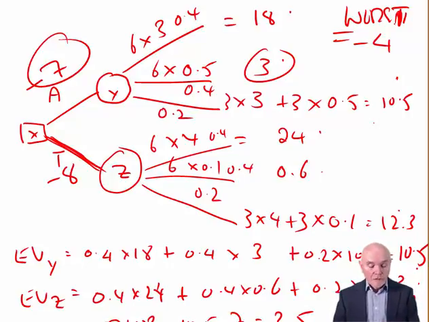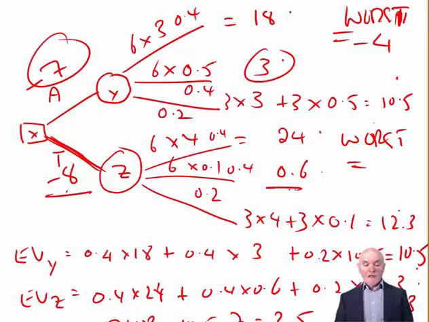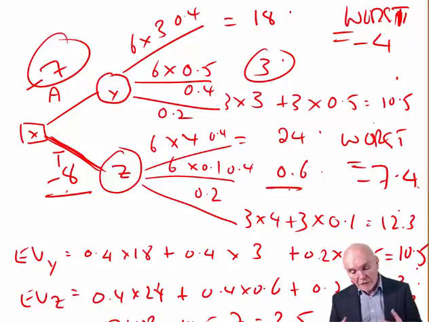If we go for topaz, then of course the worst that could potentially happen is -8 in cost, which actually only gives us 0.6 at 0.1 in there. It's going to be -7.4. And you have to think, could the organisation actually survive a loss of 7.4?